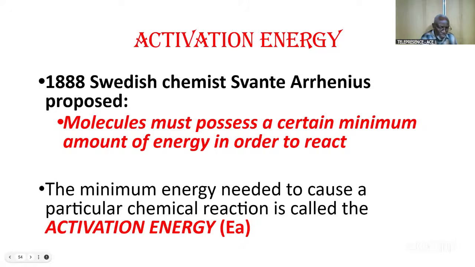So we have said that for a reaction to take place, they must collide with proper orientation, and secondly, they must possess energy. The minimum energy they can possess is the activation energy, the minimum energy needed to cause a particular chemical reaction to take place.